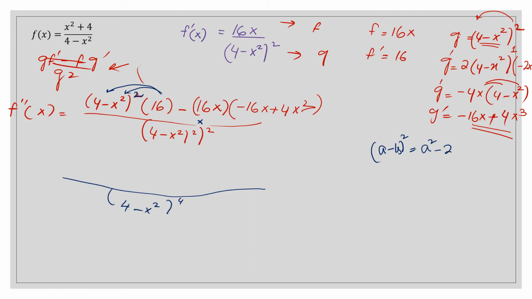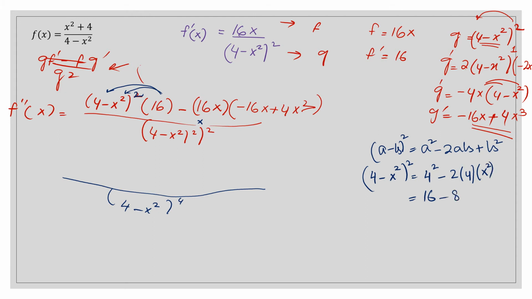So a square minus 2ab plus b square. In your case, it is (4 minus x square) whole square. So a square, which means 4 square, that is 16, minus 2ab, where a is 4 and b is x square in your term.